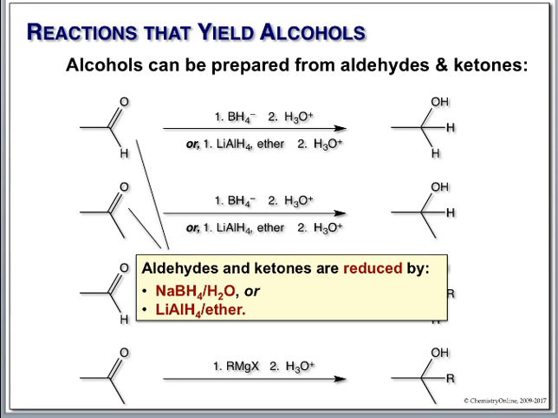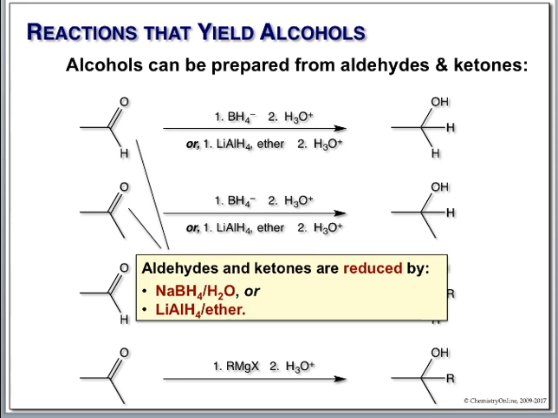Aldehydes and ketones are reduced by sodium borohydride or lithium aluminum hydride. Note that lithium aluminum hydride has to be done in ether. We'll see this is a problem in a minute. Ether has a boiling point of 35 degrees centigrade. You are 37 degrees centigrade.